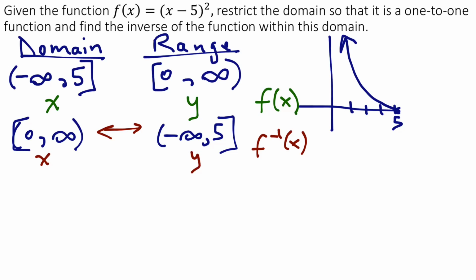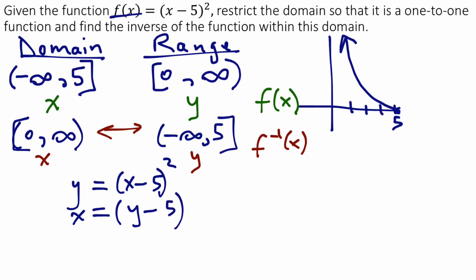All right, so now we're ready to go ahead and find f inverse of x using our procedure. So instead of f of x, we say y is equal to x minus 5 squared. Switch x and y. So that's basically what we're doing. We're switching the domain and range. Now we're going to solve for y.